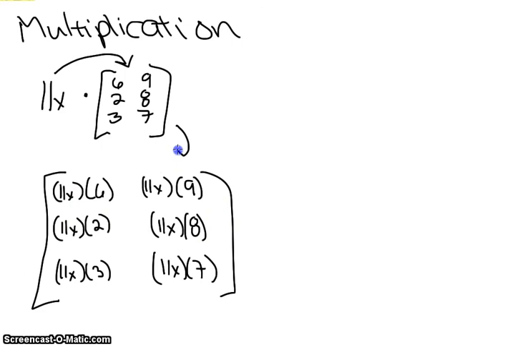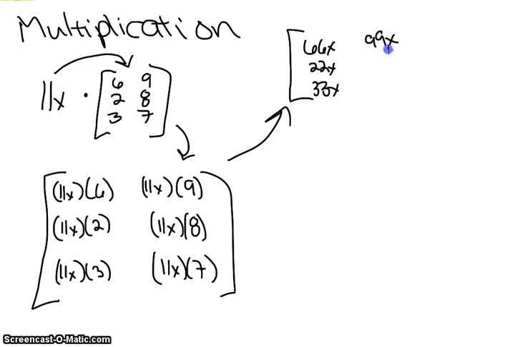Now we'll move on to give the final product, which would be 66x, 22x, 33x, 99x, 88x, and 77x.